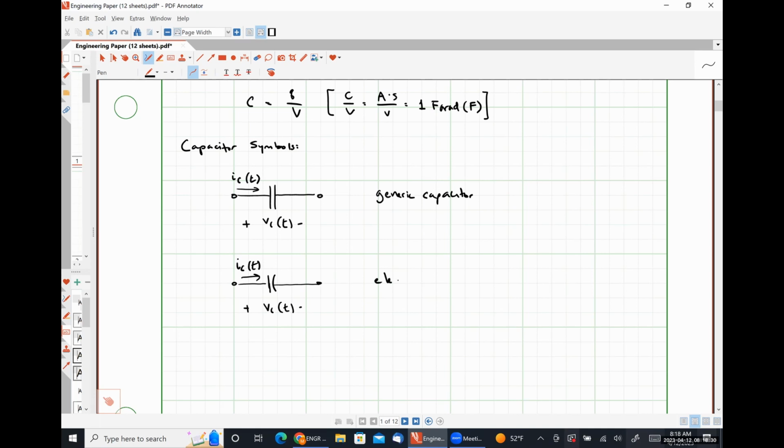This is for an electrolytic or polarized capacitor. So in an electrolytic or polarized capacitor, the polarity of the voltage that you apply to the capacitor is incredibly important, because if you get it backwards, it bursts.